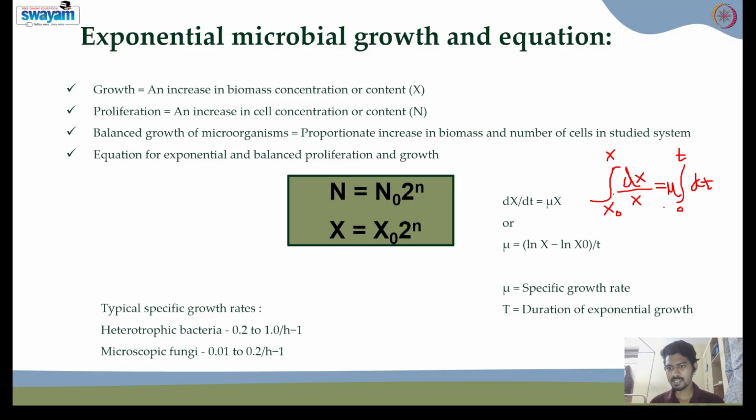If you integrate this, you will get ln of x divided by x naught equal to mu times the integral of t minus 0.